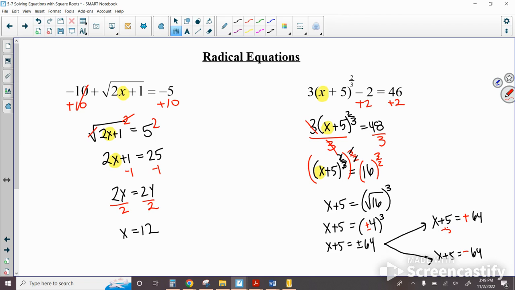Now I'm going to finish up by subtracting 5 on both sides, and we get x equals 59. Sorry, I had to do a little bit of math in my head. Then I subtract 5 on both sides here, and we get x equals negative 64 minus 5, which is negative 69.